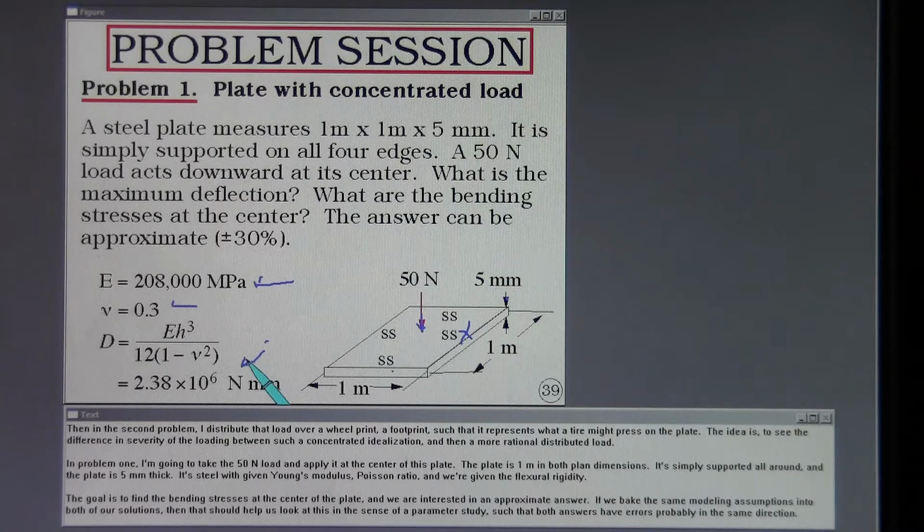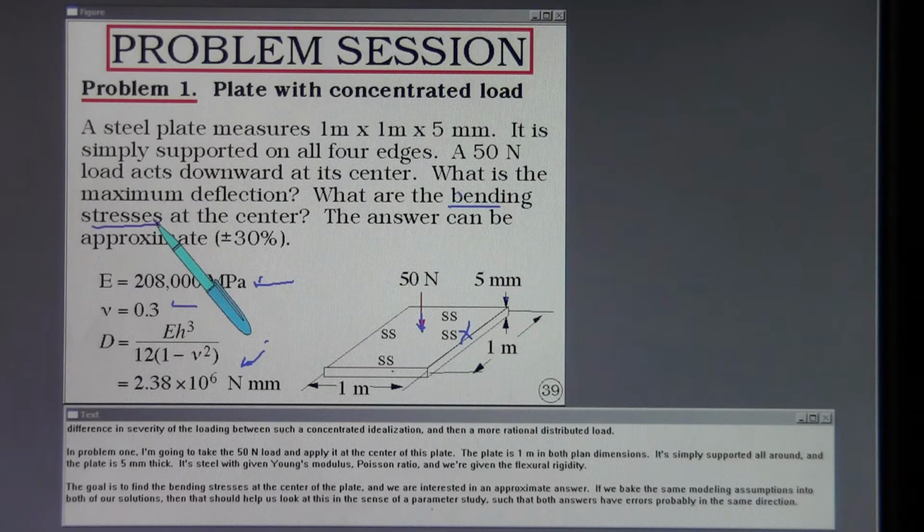The goal is to find the bending stresses at the center of the plate, and we are interested in an approximate answer. If we bake the same modeling assumptions into both of our solutions, then that should help us look at this in the sense of a parameter study, such that both answers have errors probably in the same direction.